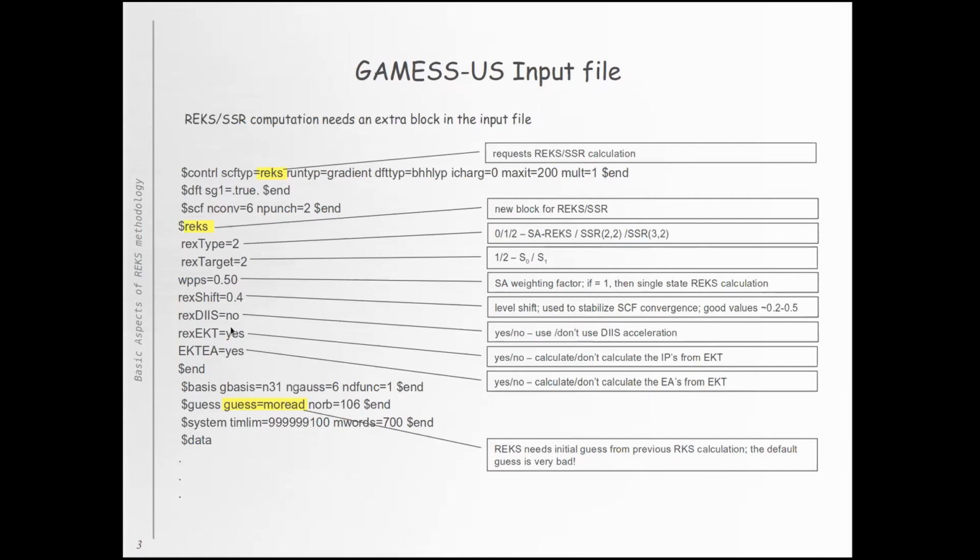It doesn't always work with REKS, so I do not recommend using this SCF acceleration engine. We shall work on DIIS, but in principle DIIS is available. You can request DIIS by setting this keyword to yes. If it's yes, then it will do DIIS; if it's no, then it won't.